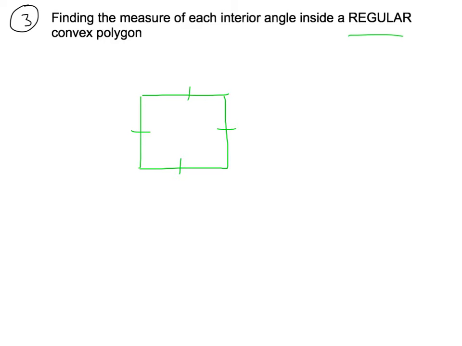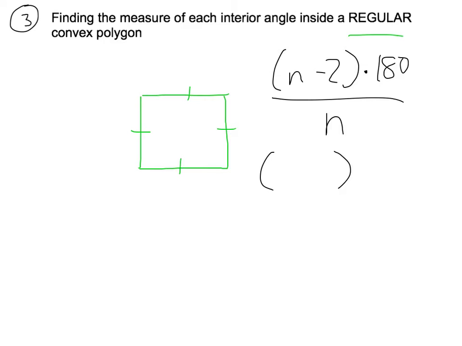So let's use that same formula we had before, which was n minus 2 times 180, okay? But this time, we're trying to find the measure of each individual angle, not the sum total, each individual. So what we're going to do is we're going to divide this thing by n. So again, what does n stand for? Well, n stands for the number of sides. So in the square here, we have 4 sides.